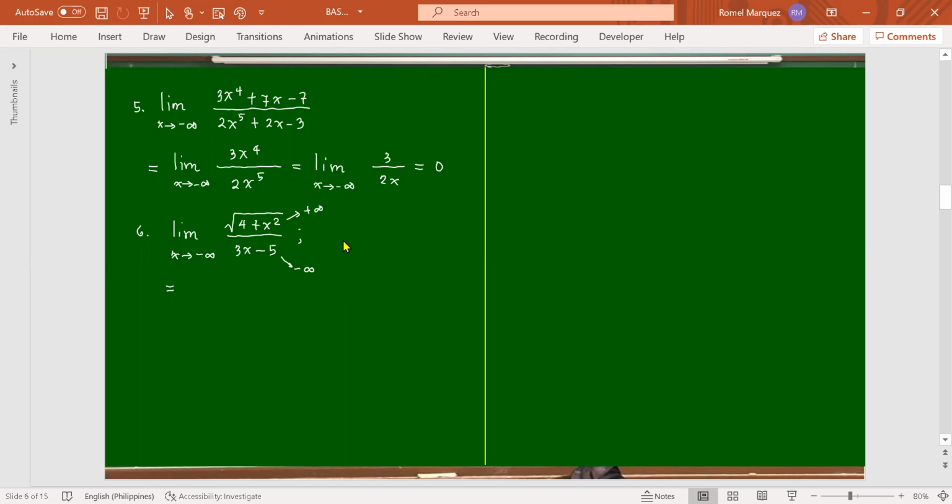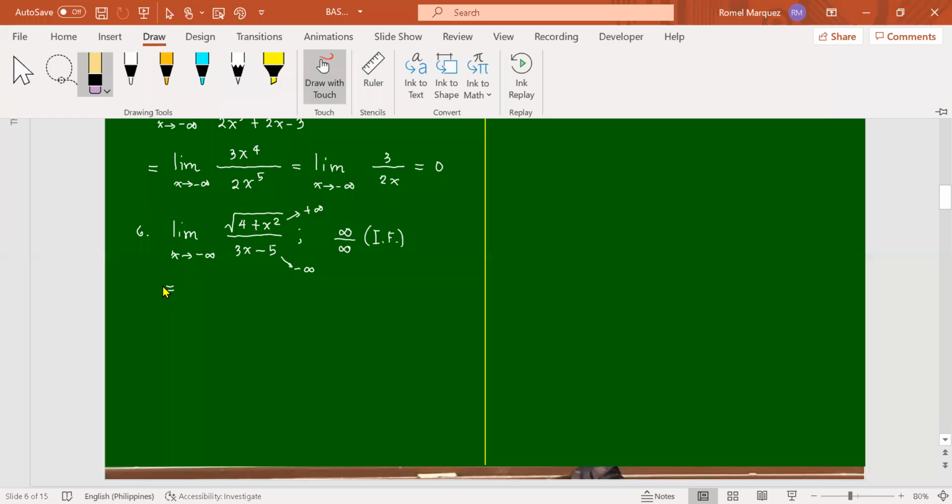So that is infinity over infinity form. Indeterminate. Kahit pa positive, negative, zero, infinity over infinity form pa rin siya. Is that clear, guys? So anong technique niyan? Kailangan natin to insert this into one radical para makuha natin yung behavior niya.